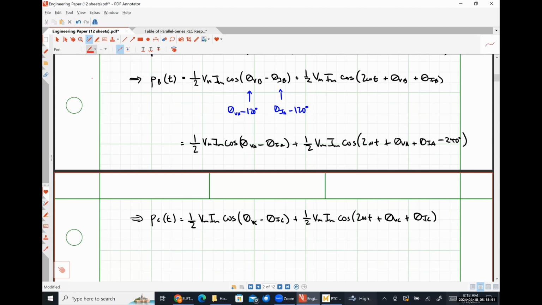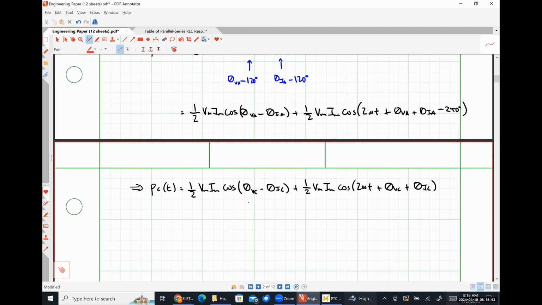And looking at these angles, we know that theta VC is just theta VA minus 240, and theta IC is just theta IA minus 240 degrees.